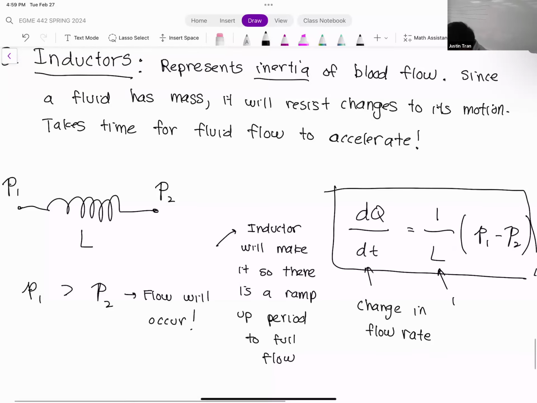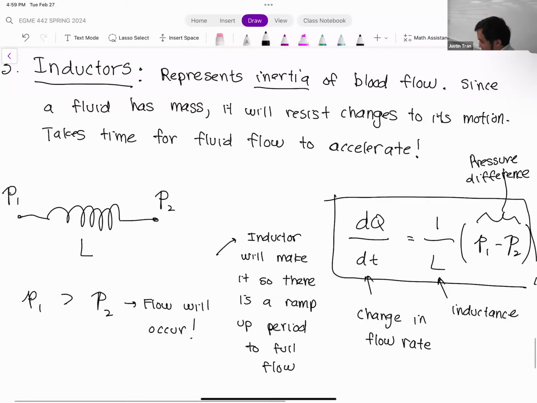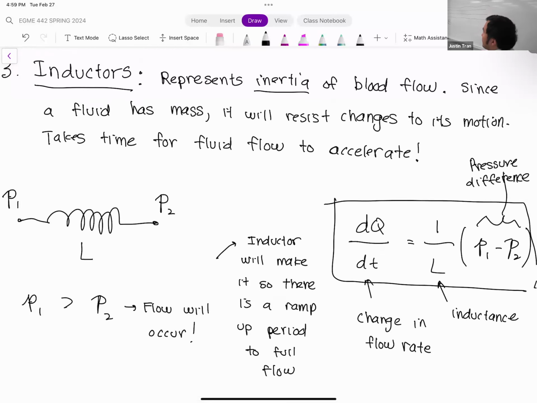So this L here is the inductance, and this P1 minus P2 is the pressure difference.